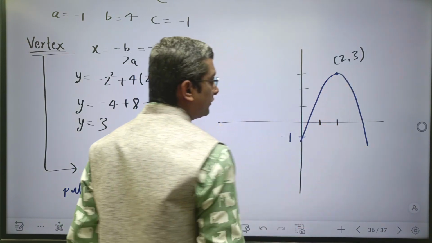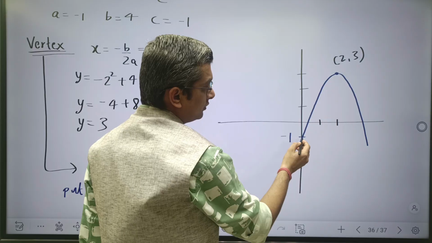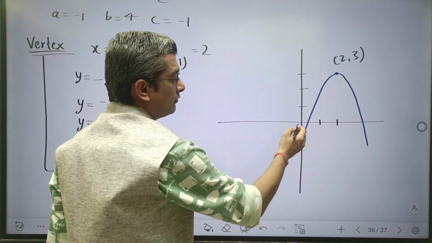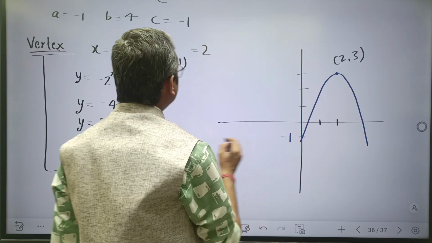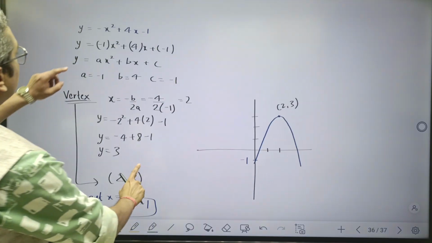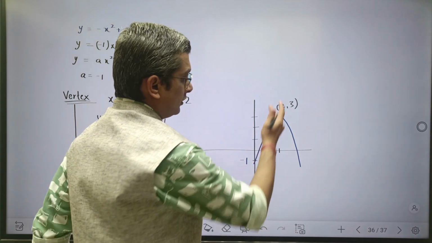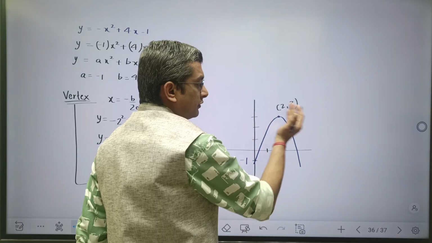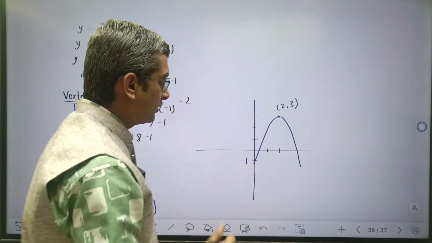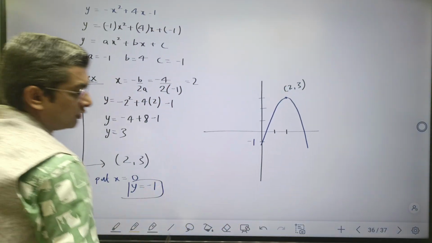So this is the vertex, and it is passing through minus 1, because when we put x is equal to 0, y is equal to minus 1. And about this vertex, the parabola is symmetric, that is, mirror image of each other. So in this way you can plot the graph.